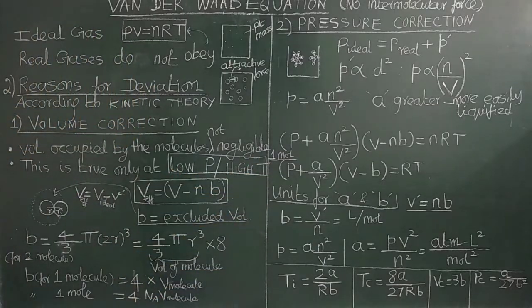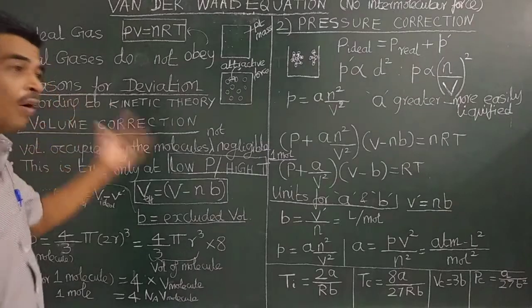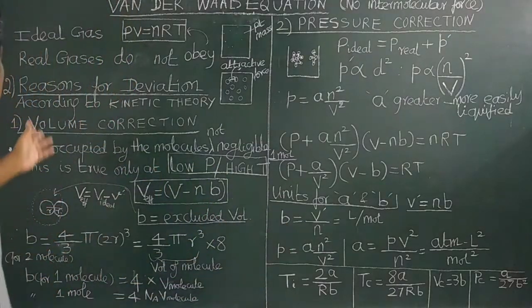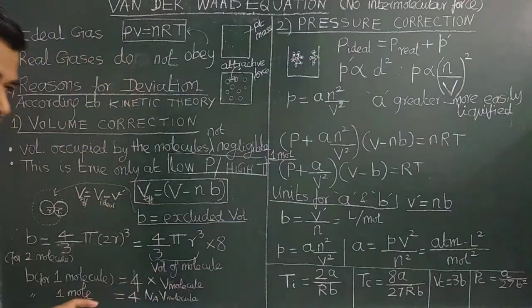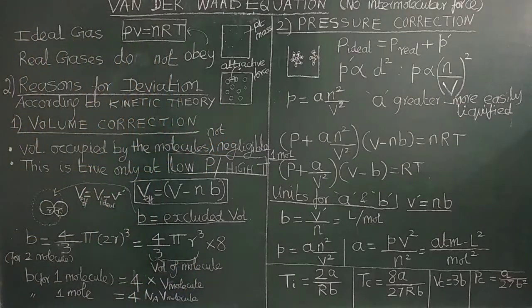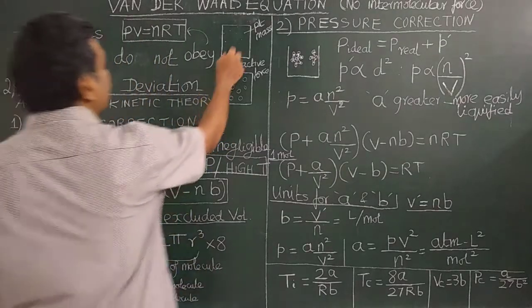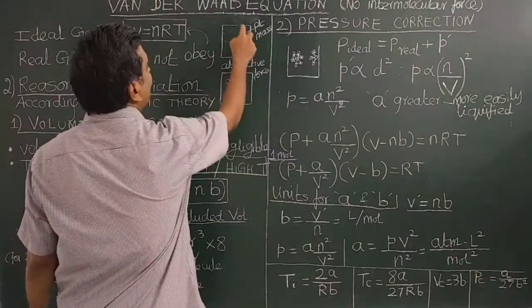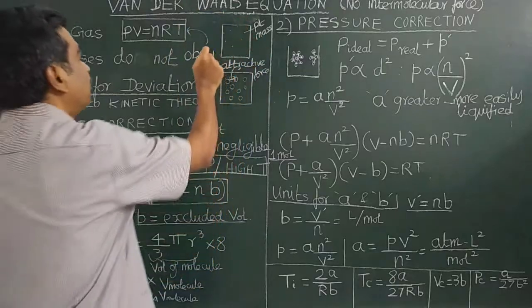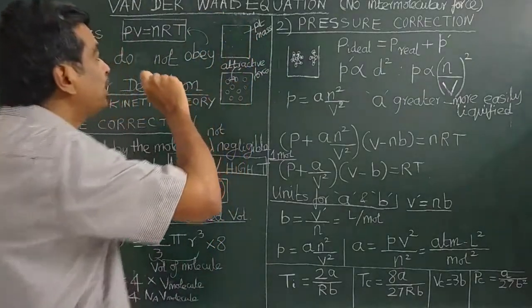Now, why are all the gases real? They do not obey the ideal gas equation because there are two reasons for deviations. According to the kinetic theory of gases, there are two postulates. The atoms or molecules in the gaseous state are considered as point masses. They do not occupy any volume.